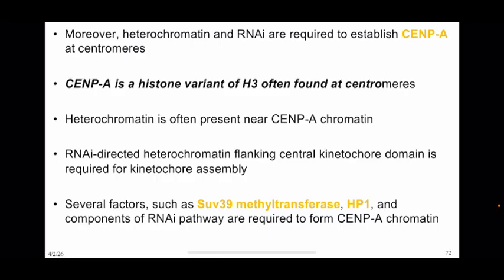So there are other factors like the SUV39 methyltransferase, HP1, and components of the RNAi pathway that are required to form CENP-A chromatin. This is just like forming heterochromatin near CENP-A chromatin. So we need all these factors: methyltransferases, HP1, and components of the RNAi pathway.